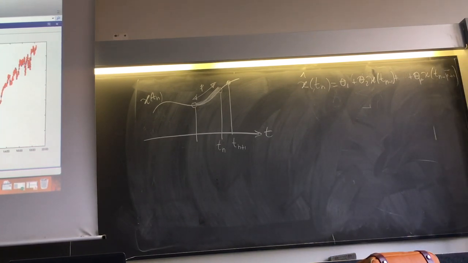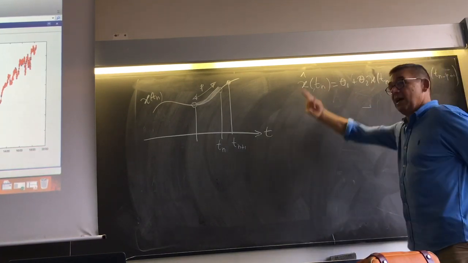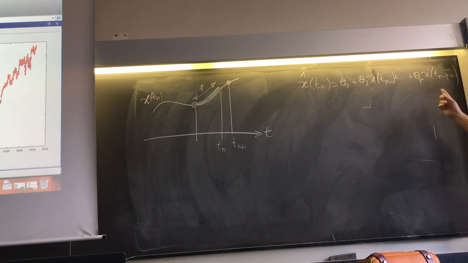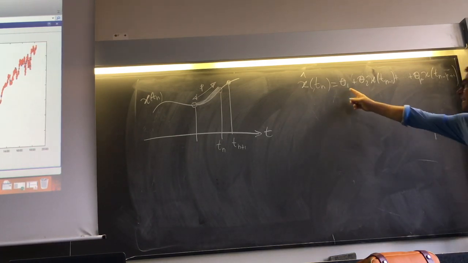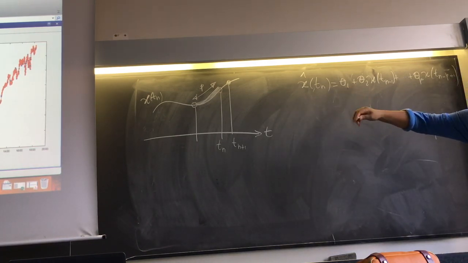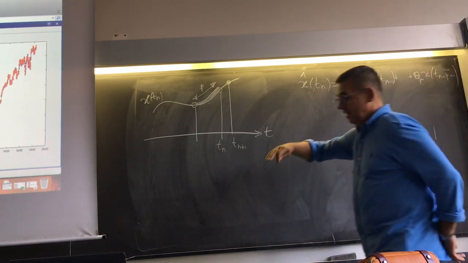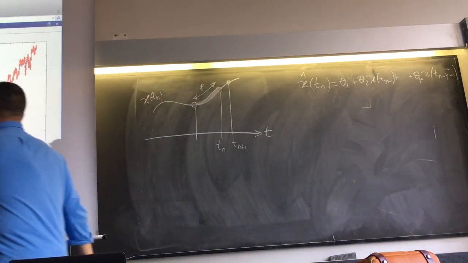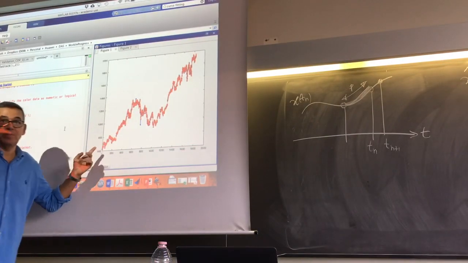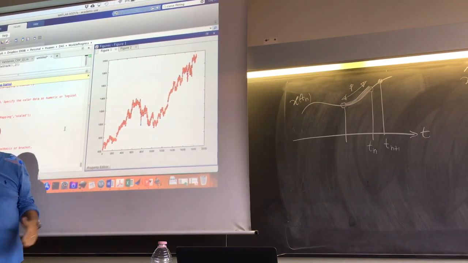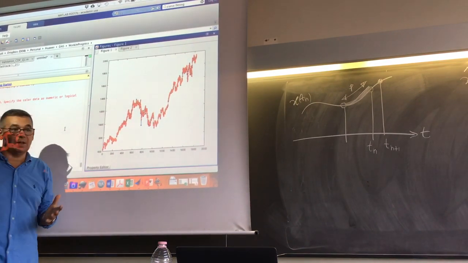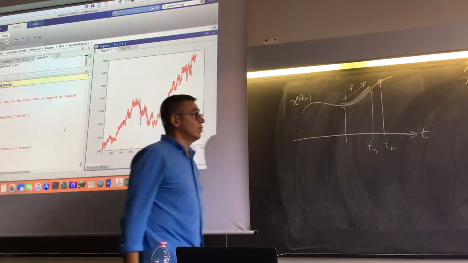This is the formulation I'm using. The predicted value at time tn is a combination of samples plus theta 1. The reason I put theta 1 is that the data doesn't start from 0, it starts from 600. If I don't put the reference value into the model, I'm losing this part.